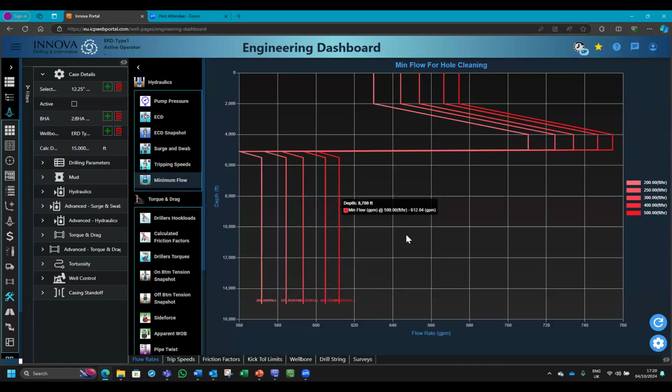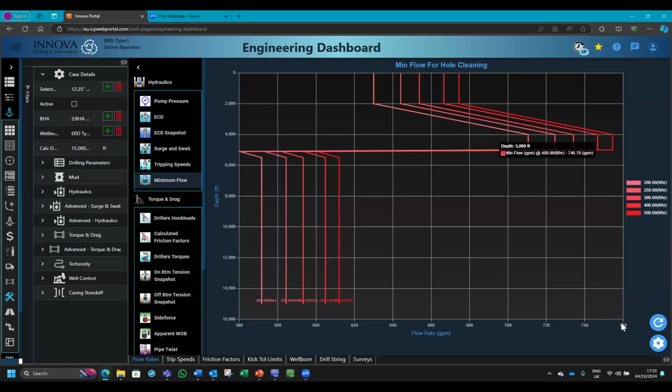So I want to make sure that from 5,000 measured depth to 15,000, I have no problem. Nothing is breaking. So looking at this chart is telling me when I'm drilling at the TD of my section, my cuttings will be moving up nicely as long as I keep my flow rate at 620. However, inside the casing, I will have cutting accumulation. I need to have a flow rate that can clean top to bottom.